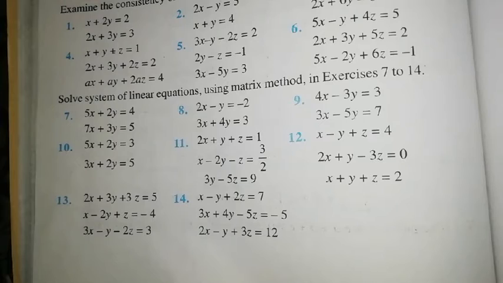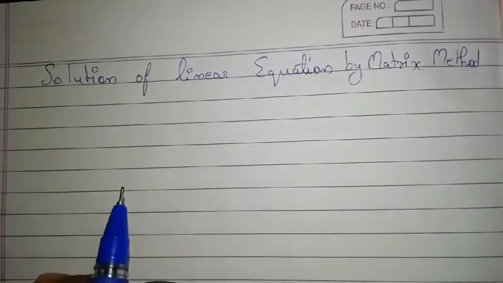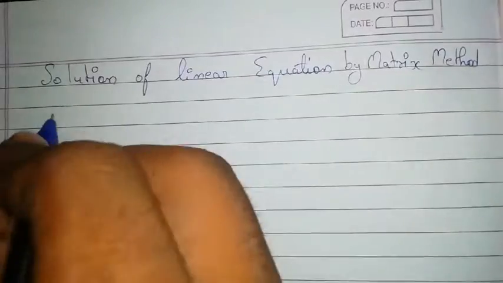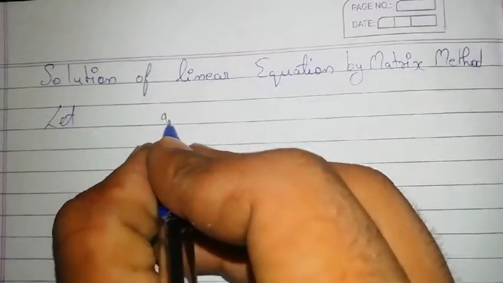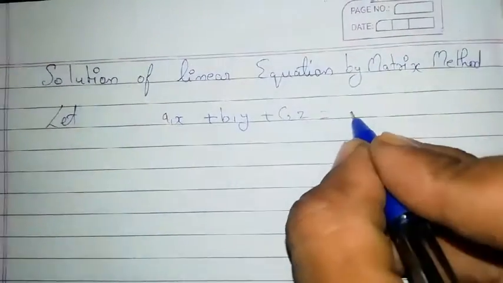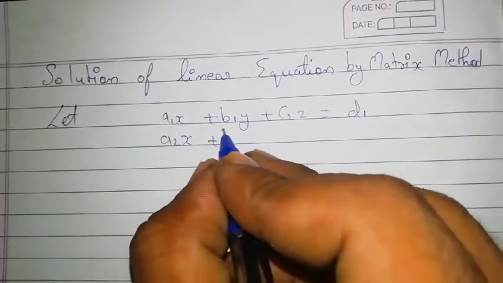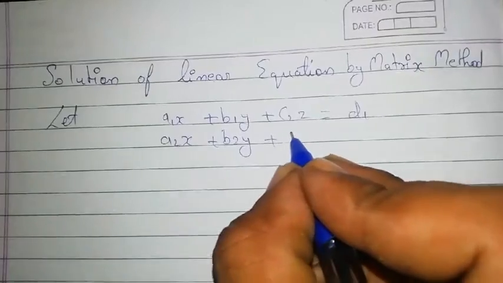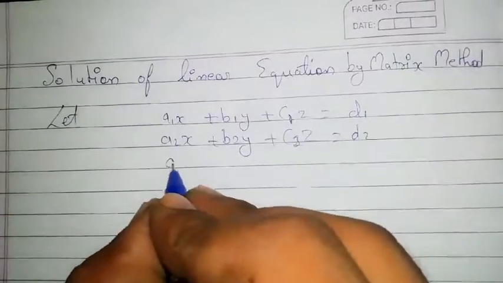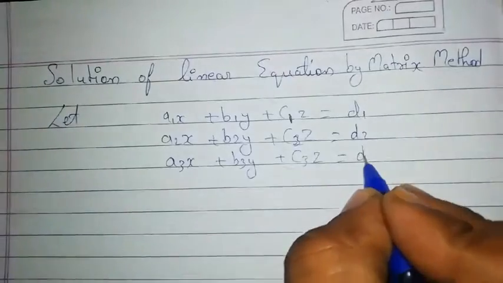So we will prove that first. Here we will discuss the solution of linear equations by the matrix method. Suppose we have the set of equations a1x plus b1y plus c1z is equal to d1, and a2x plus b2y plus c2z is equal to d2, and a3x plus b3y plus c3z is equal to d3.